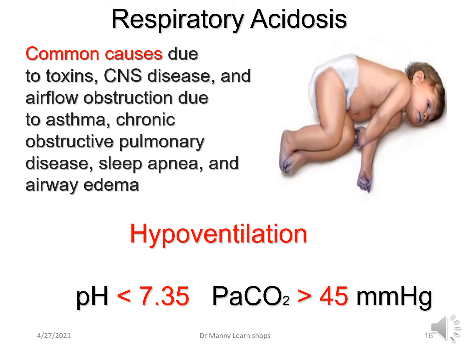You've got others that relate to airway flow obstruction, which could be asthma, chronic lung disease such as emphysema, bronchiolitis, sleep apnea problems, and airway edema, which could occur in asthma, and allergy status. Hypoventilation results in a pH of less than 7.35 and a PaCO2 of greater than 45 millimeters of mercury. This reflects respiratory acidosis.